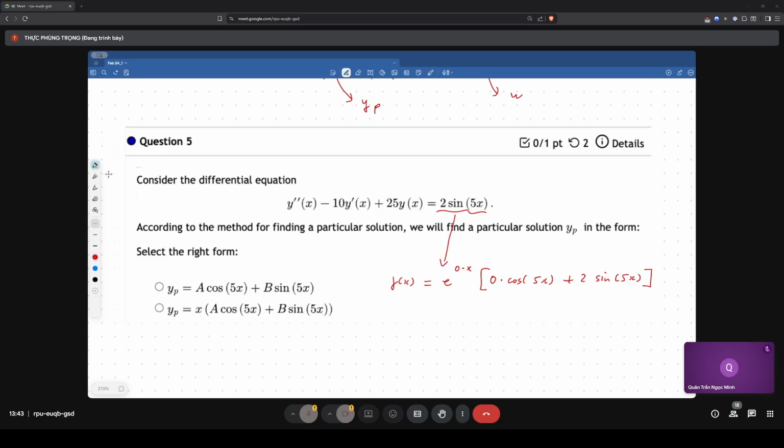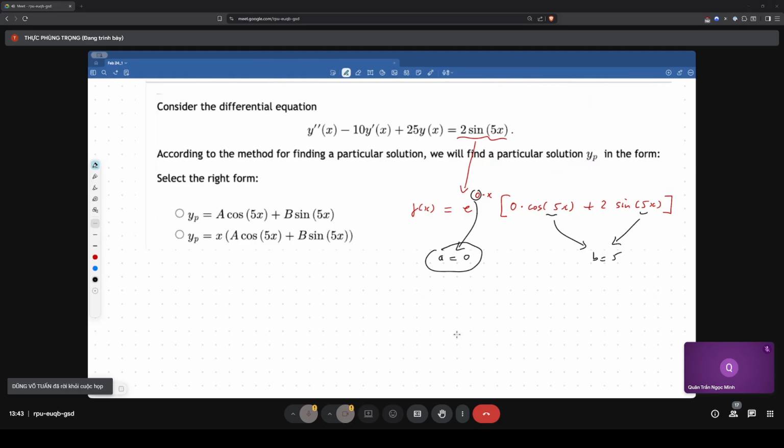So A is 0, and B is the number 5. You see cosine, you see sine. B is not 0. You see no exponential function, A is 0.